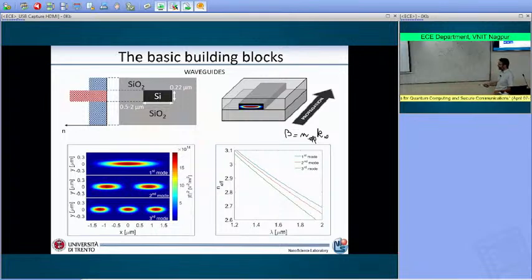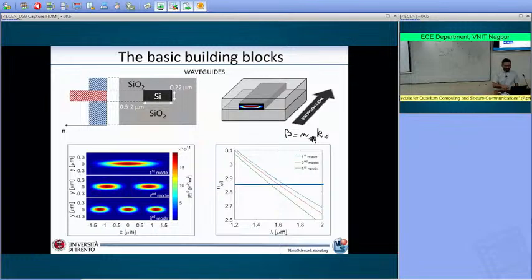Those modes are characterized by an effective refractive index. The effective refractive index is nothing else than the refractive index that links the wave vector of the light in vacuum with the wave vector of the light propagating inside the waveguide. Here we have the effective index of the different modes as a function of the wavelength of the light.